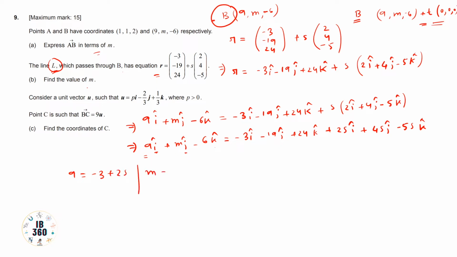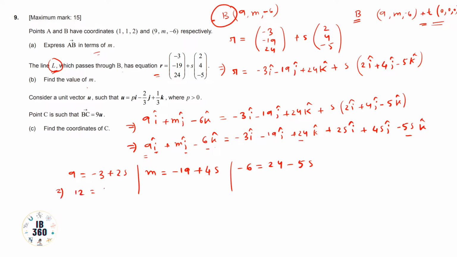Then m equals -19 plus 4s, matching the j terms. Now match the k terms: -6 equals 24 minus 5s. Now just solve this.